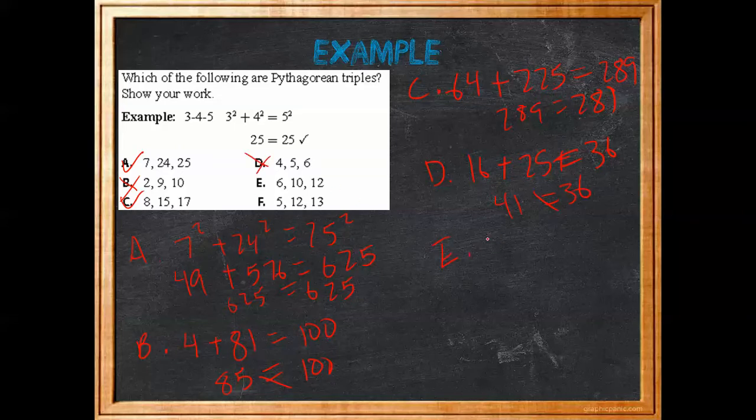For E, 6 times 6 is 36, 10 times 10 is 100, 12 times 12 is 144, so 136 does not equal 144, so this one does not work. For F, 5, 12, 13, we know this one already, but we'll go ahead and go through it. 5 times 5 is 25, plus 12 times 12 is 144, 13 times 13 is 169. 25 plus 144 is 169, so that does work.